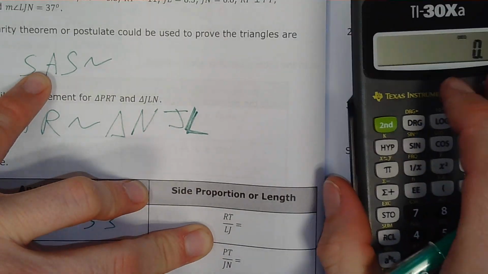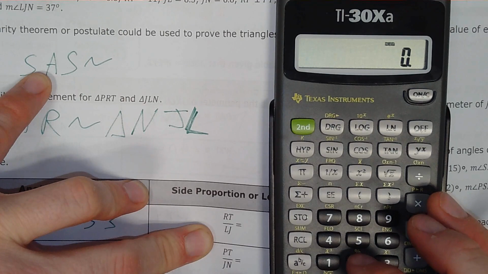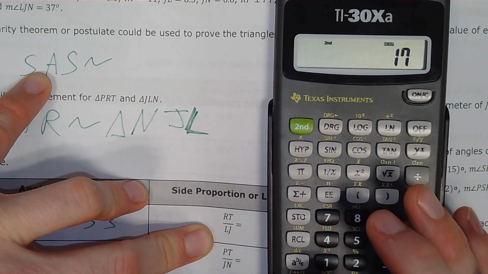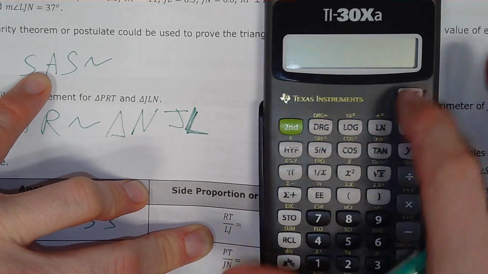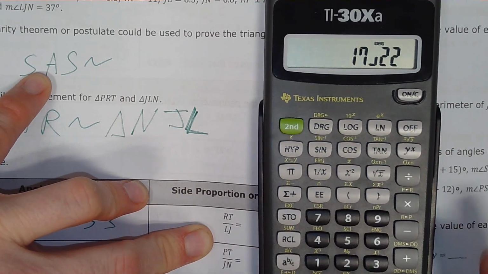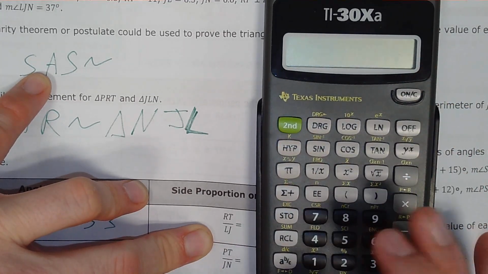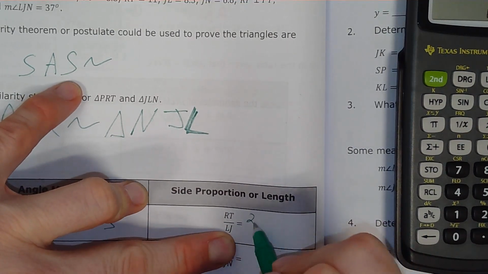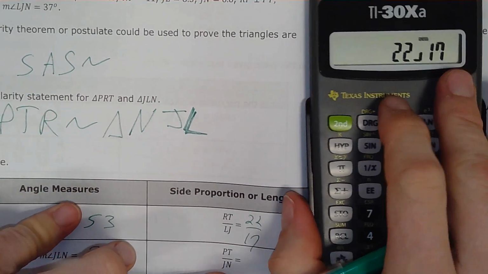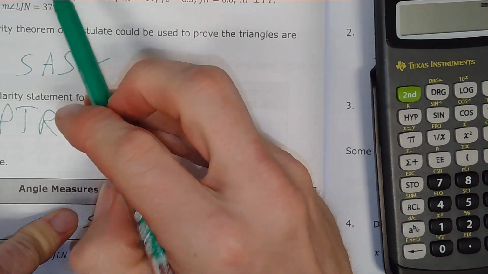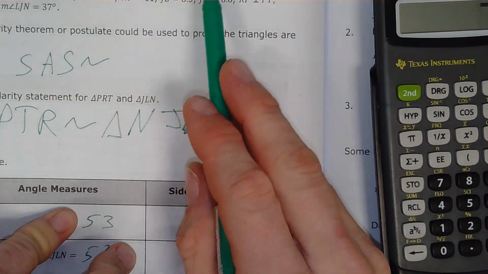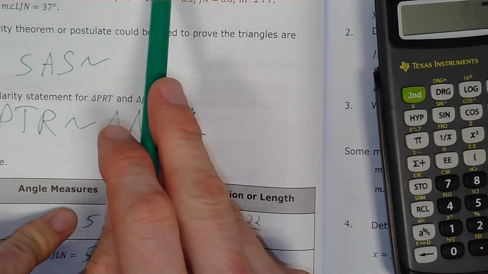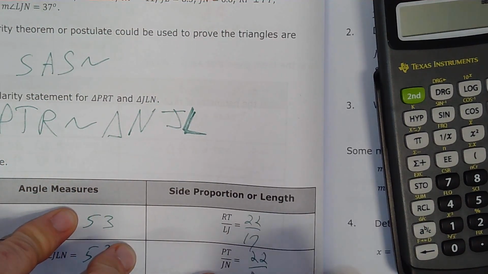So this is going to be 17/22 inverted, which is 22/17. And then PT, this is big over little, JN. So PT over JN, same thing, 22/17.